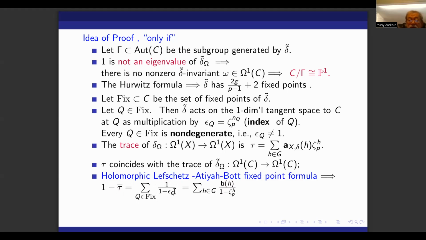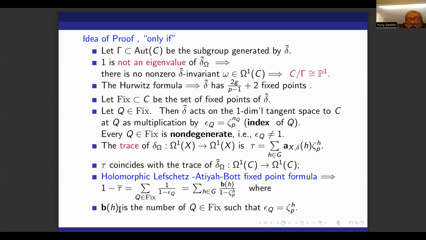And then this is a sum again across our group G of B of h divided by 1 minus zeta p to the power h, where B of h is the number of fixed points with fixed index.